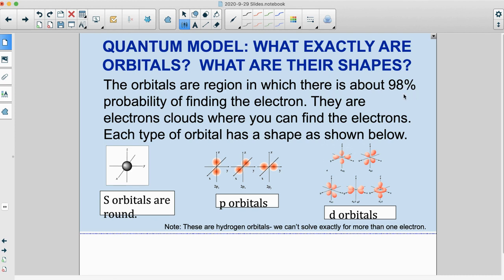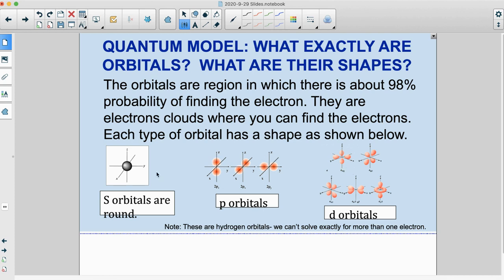This is where you can find 90 to 98% of the electron density. You can't be assured of finding that percentage of the electron, but the probability of that electron being there is very high. So the electrons take on things that are more like electron clouds, and these orbitals are the electron clouds.